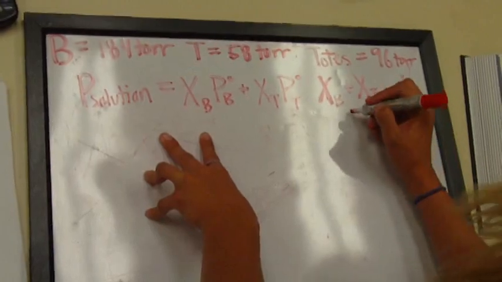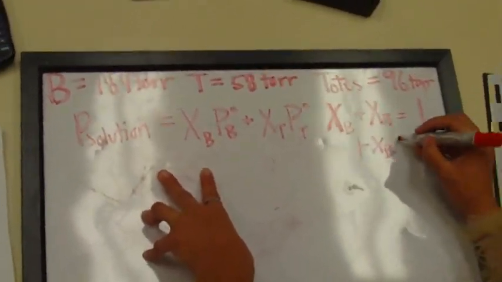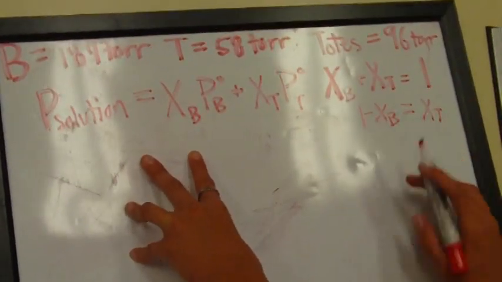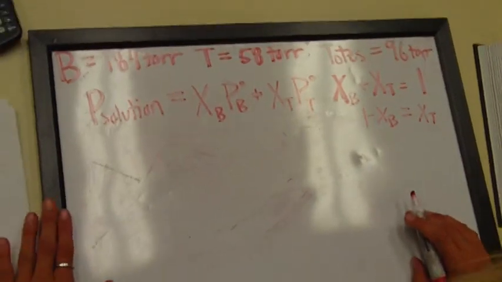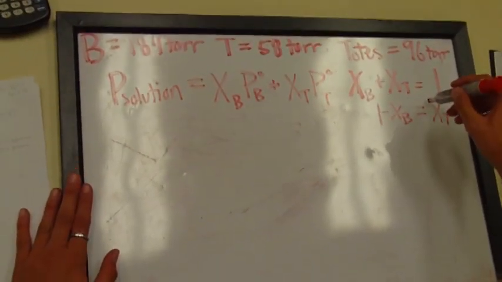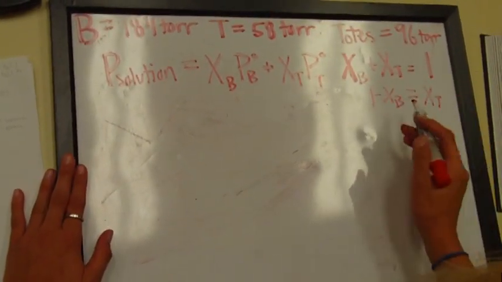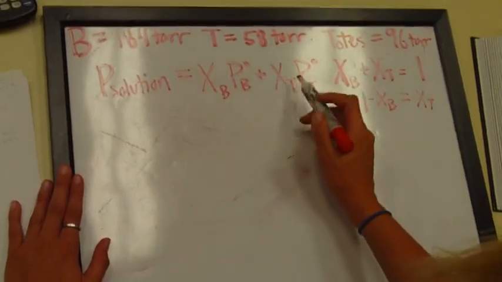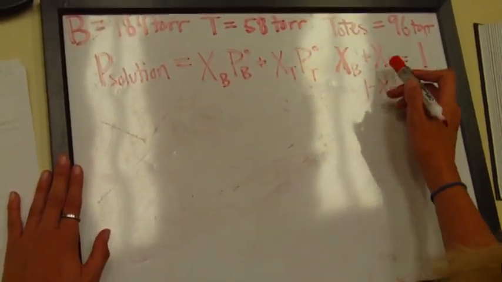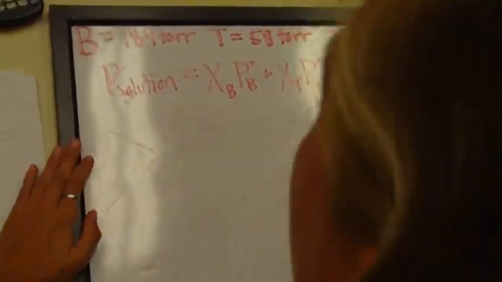Actually, I solved for toluene. We know that 1 minus the mole fraction of benzene is equal to the mole fraction of toluene. Now if we just substitute this in for that, we'll be left with only one variable, which will be our mole fraction for benzene. And once we have one variable, we can solve for it.